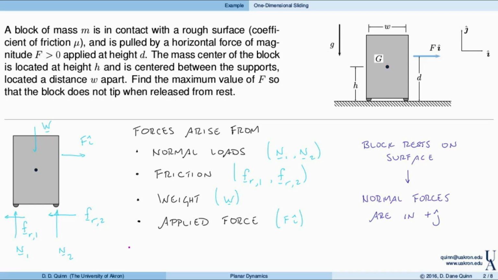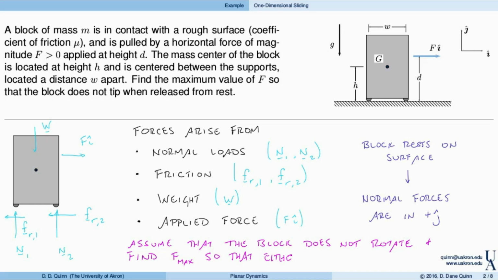So here's what we're going to do. We're going to assume that the block does not rotate. So when we solve for momentum balance, we're going to make the assumption that the angular acceleration of the block is 0, and then find the maximum value of the applied load, so we'll call that F max, so that either of these normal loads, N1 or N2, is adhesive.